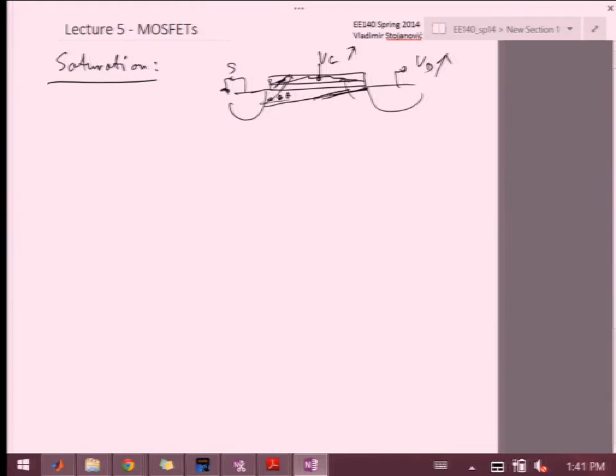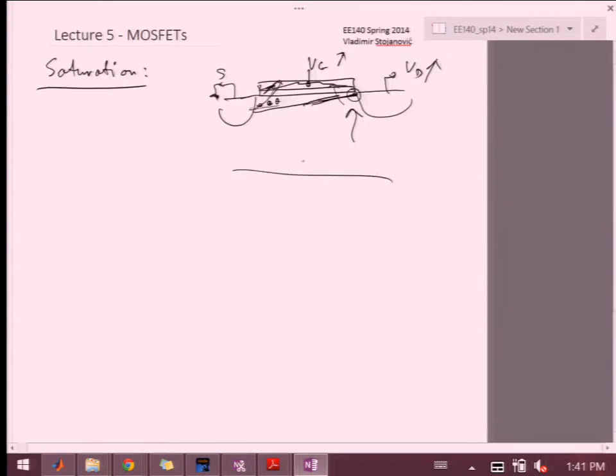And that is that at this very point over here, there isn't any more charge that is being inverted. There are no more electrons that are attracted from the P substrate. Okay, so this is called pinch off.